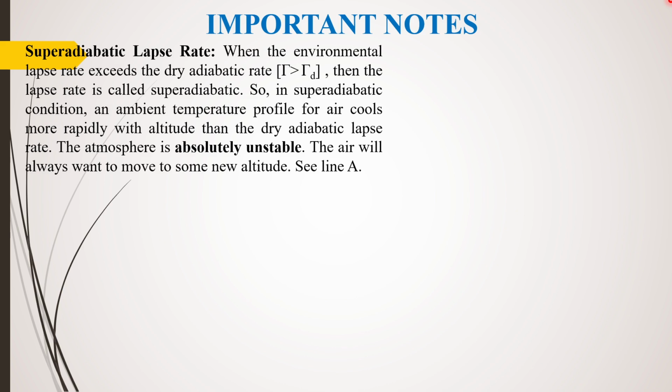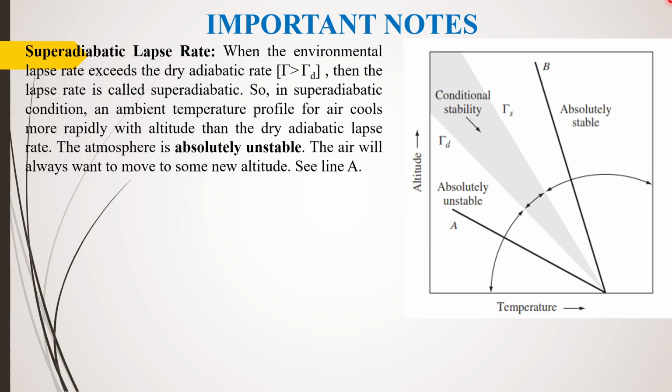Now we discuss the superadiabatic lapse rate. When the environmental lapse rate exceeds the dry adiabatic lapse rate, that is, the environmental lapse rate is greater than the dry adiabatic lapse rate, then the lapse rate is called superadiabatic.